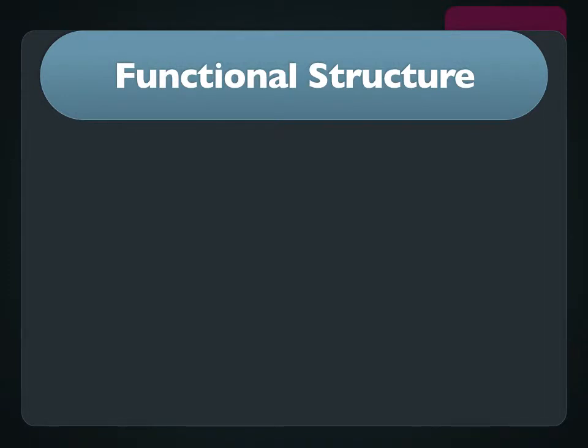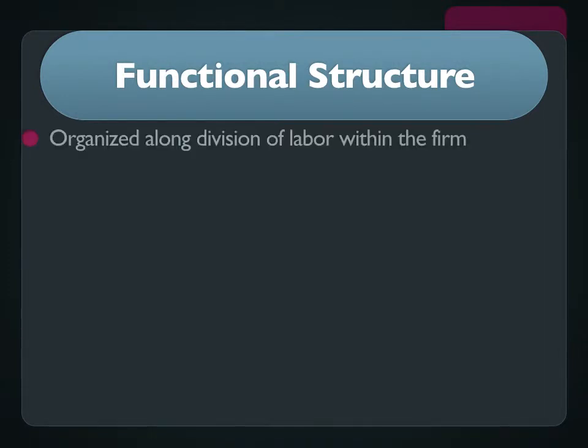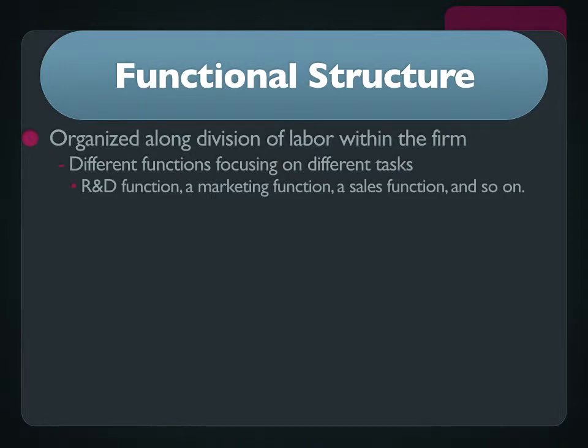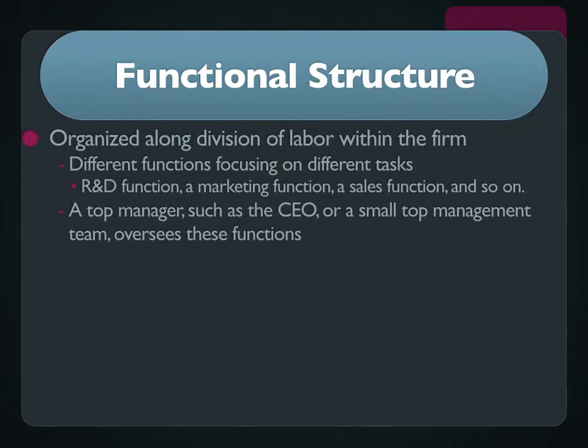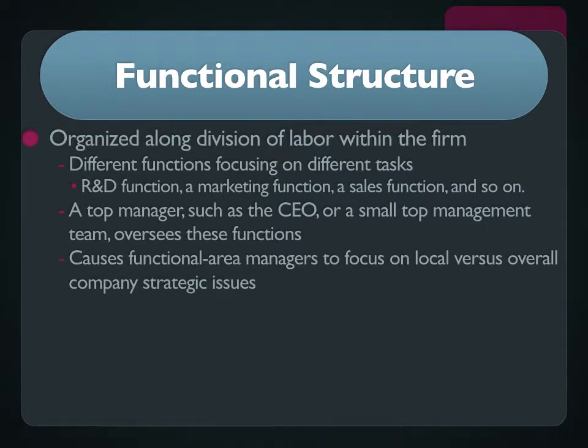So if we start with the functional structure, the standard structure that we have in our heads, these are the structures that are organized along divisions of labor within the firm. So different functions focusing on different tasks. R&D function, marketing function, sales, and so on. And then you have a top manager, such as a CEO or a small top management team, that oversees each of these functions.